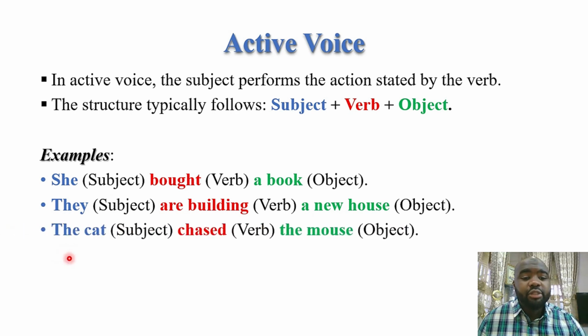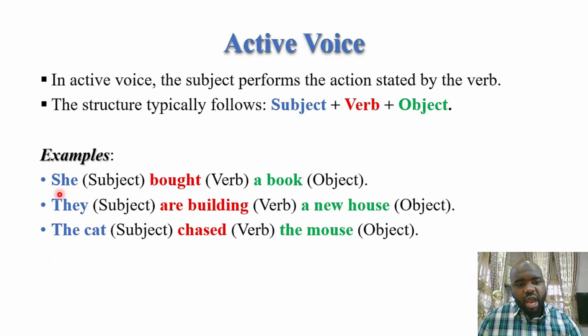The cat chased the mouse. So you see also in this sentence, the emphasis is on the subject, right? The active voice is mainly straightforward, easy to understand, and it is used in the learning process in classrooms for easier understanding.